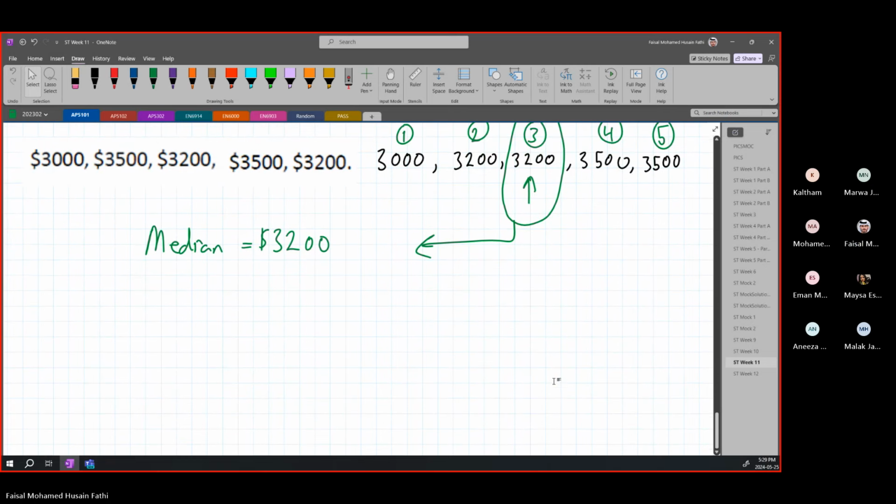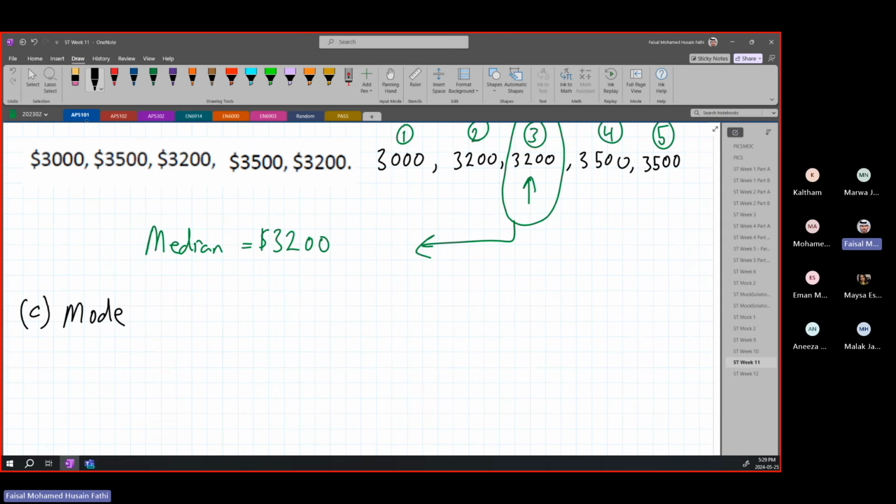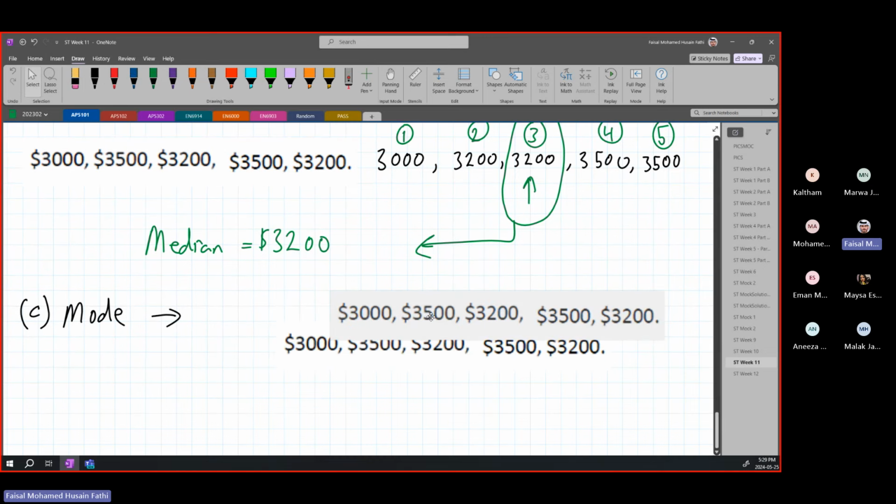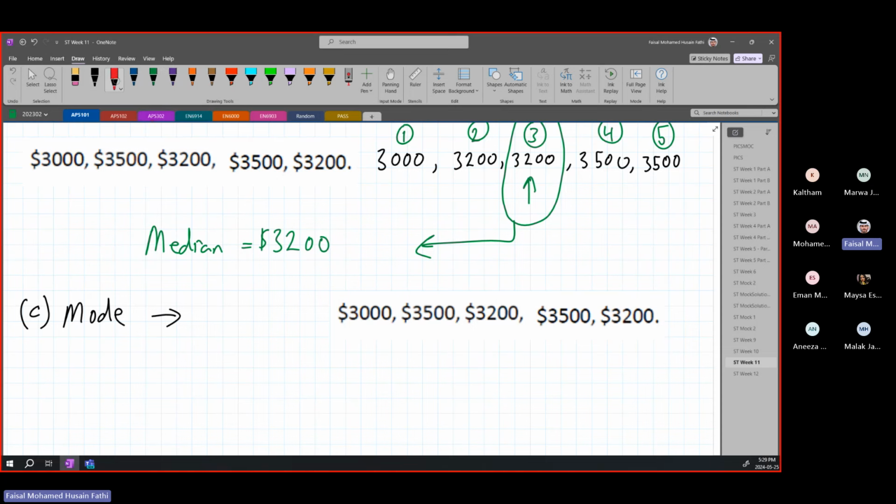All right. Last thing we need to find is our mode. So for the mode here, we need to look at repeated values. So if I copy paste this one more time, what are the values that are being repeated? So 3,000 is not repeated, 3,500 is repeated twice, and 3,200 is repeated twice. So we are looking for the most repeated value.